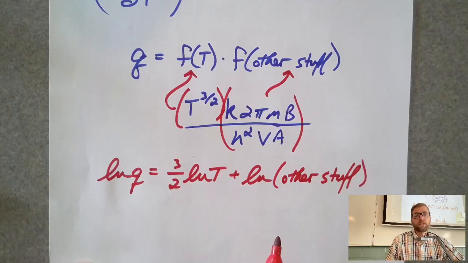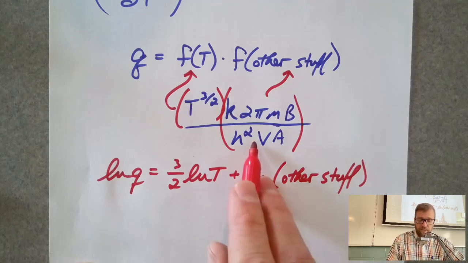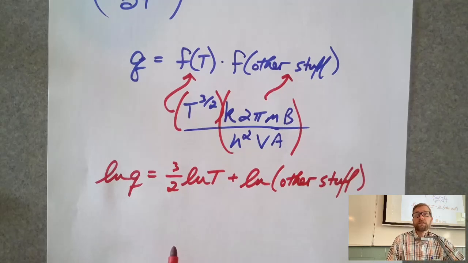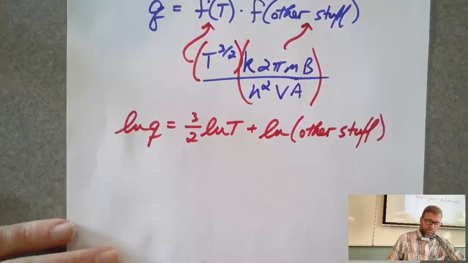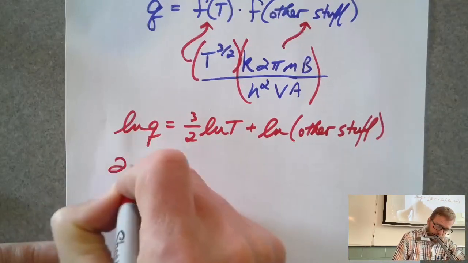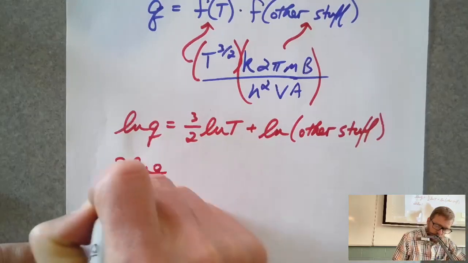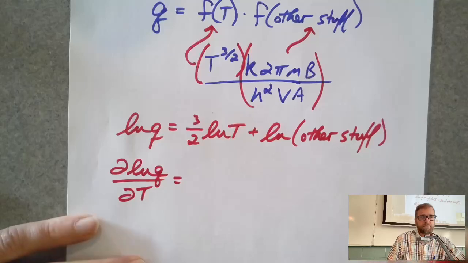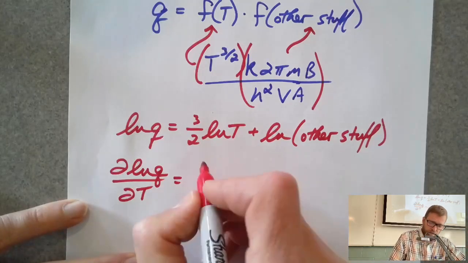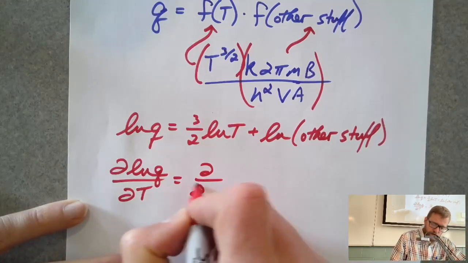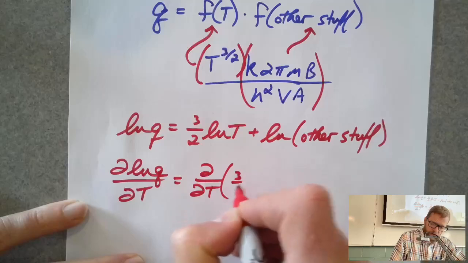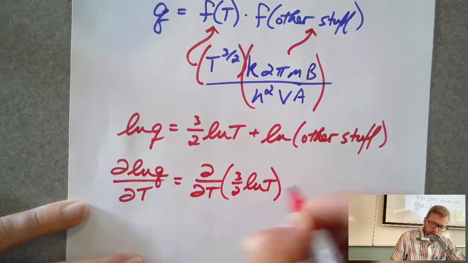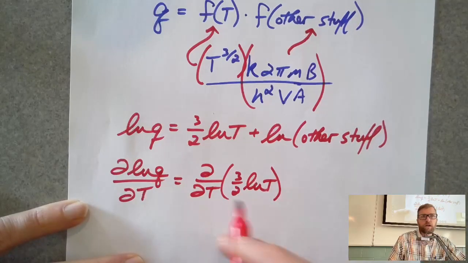I don't care what the other stuff is. It's the rest of that garbage, right? Now watch what happens. When I take the derivative of both sides with respect to t, the first term, I'm going to have the partial with respect to t of 3/2 ln of t. We're not going to actually do that yet. Just want to point out.